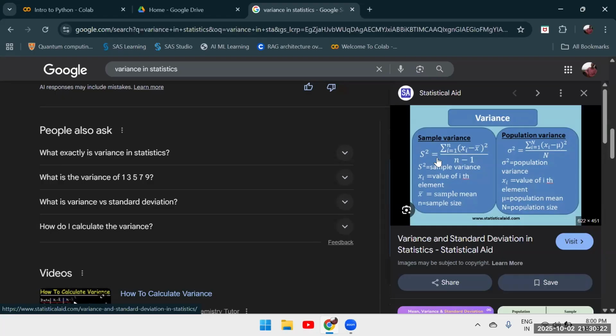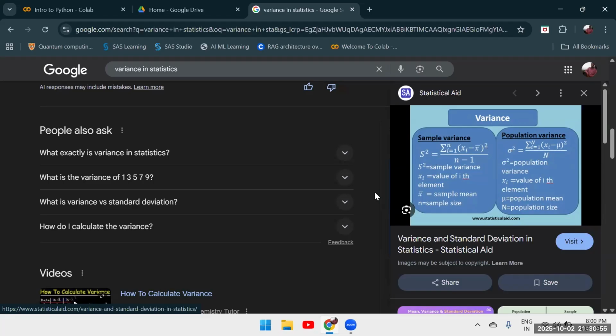If you square the standard deviation, that becomes the variance. Sorry, that becomes the variance. So standard deviation and variance are closely related. In terms of formula, in standard deviation we take a square root, as we saw yesterday, but here we just do a square alone, that is, to the power of 2.